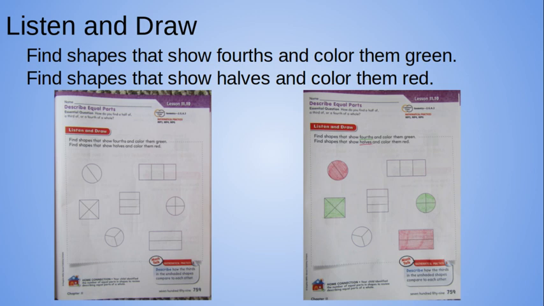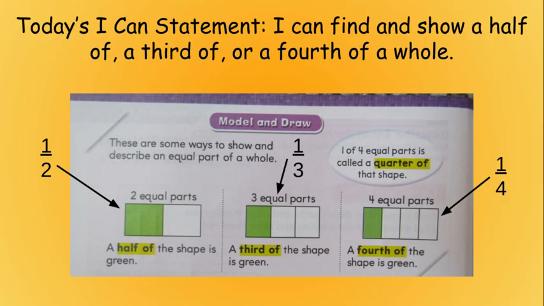All right, let's take a look at our I can statement today. It says, I can find and show a half of, a third of, or a fourth of a whole. So we're looking at fractions again today. The Model and Draw page says, these are some ways to show and describe an equal part of a whole. The first example shows 2 equal parts, and it has a half of the shape is green, so they shaded in 1/2.